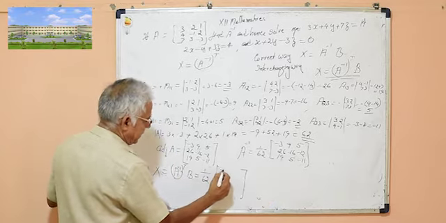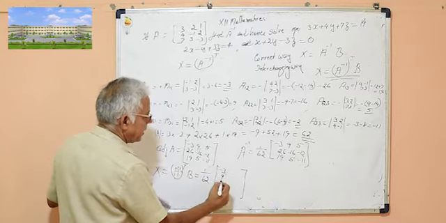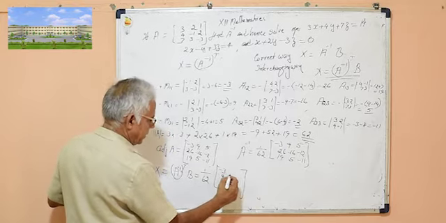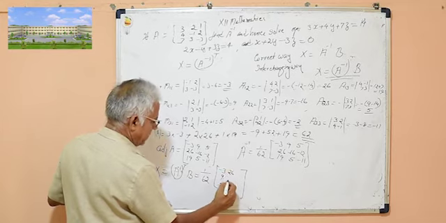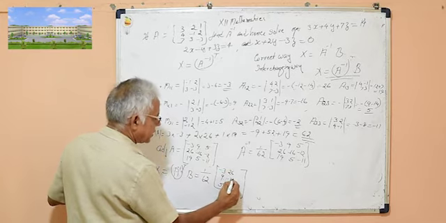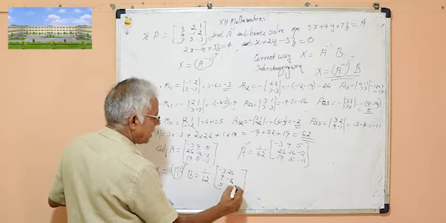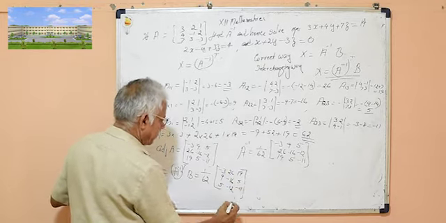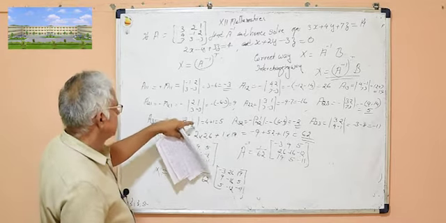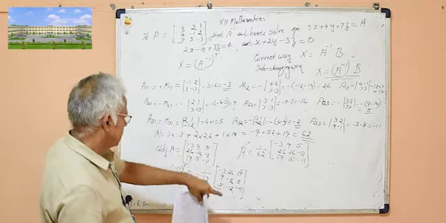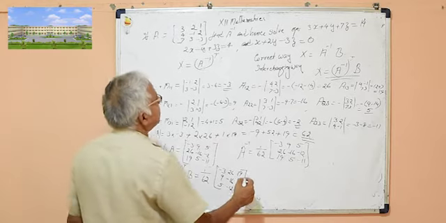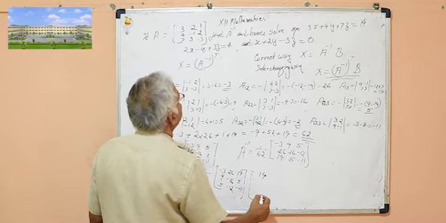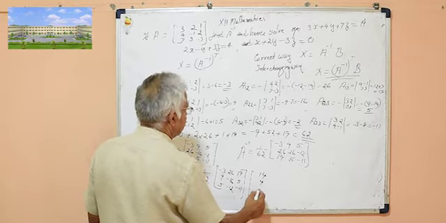Then we write: minus 3, 9, 5; 26, minus 16, minus 12; 19, 5, minus 11, into B. Right hand side matrix B is equal to 14, 4 and 0.